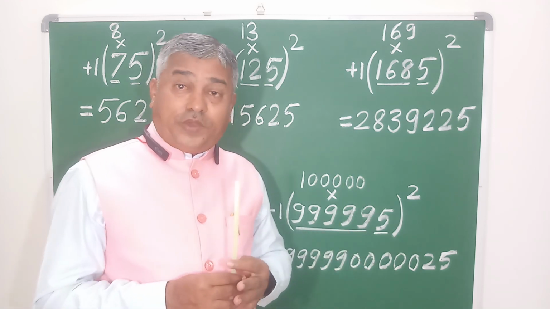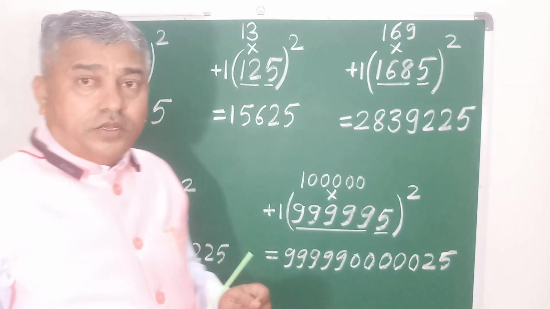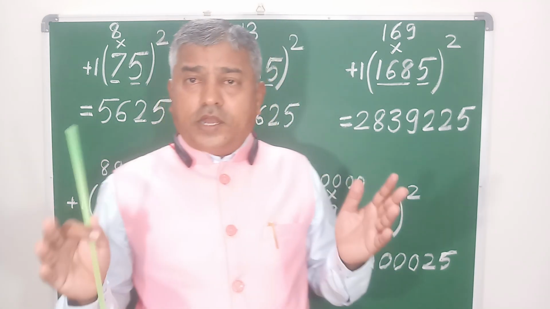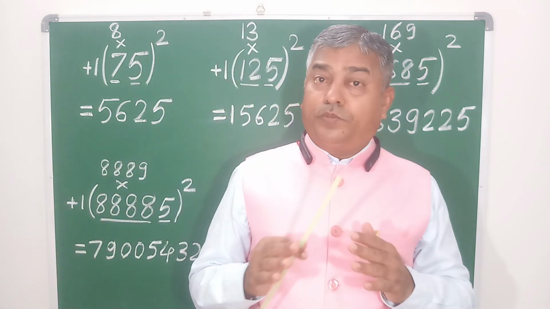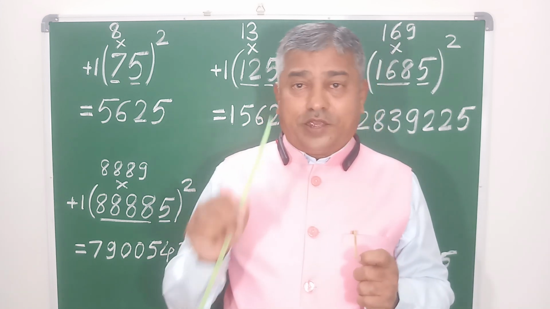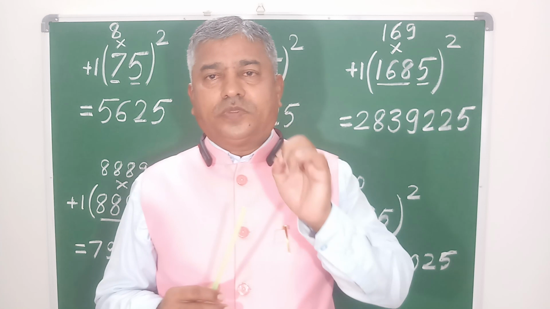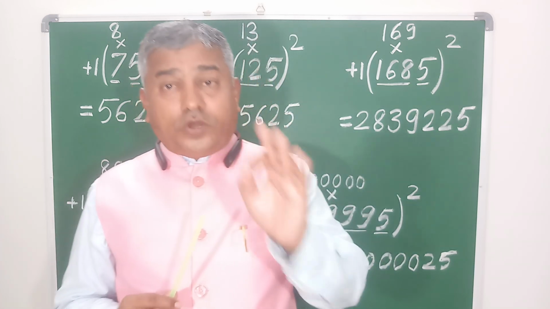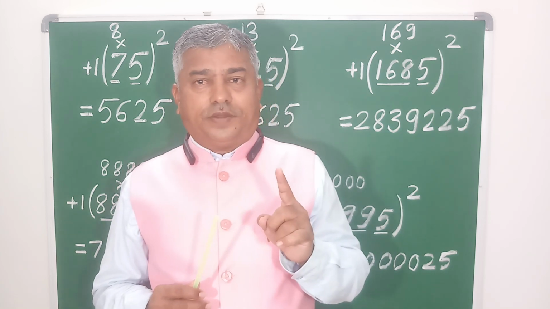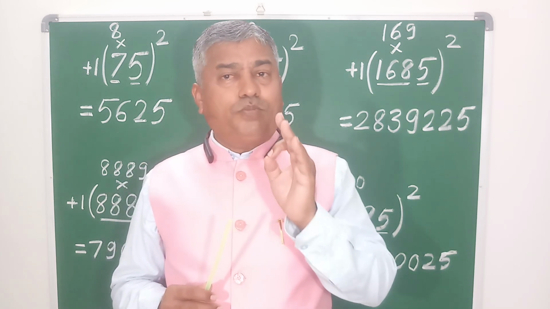So in the same way we can square any number ending in 5 with the help of the first Vedic formula, the first Sulabh Sutra, that is called Ekadikena Purvena.